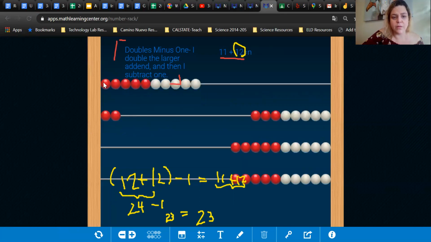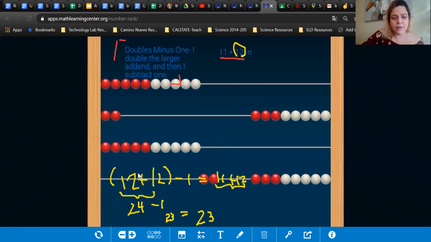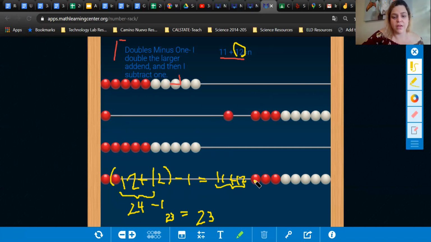Okay, so I added 12, and then I added another 12. Okay, and then what did I do? I just subtracted 1 so I could get my 23. So I'm gonna write that down that I subtracted this one. So I had 12 and 12, and then I subtracted 1.